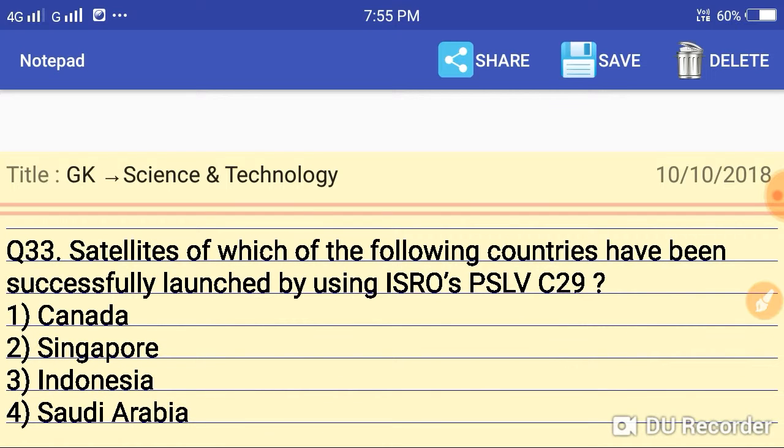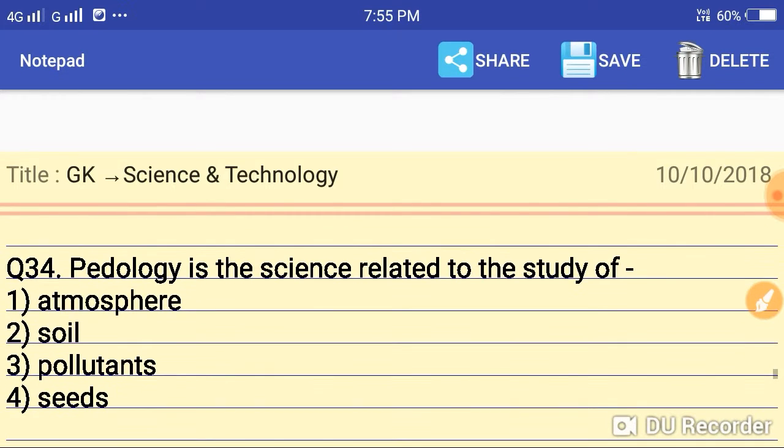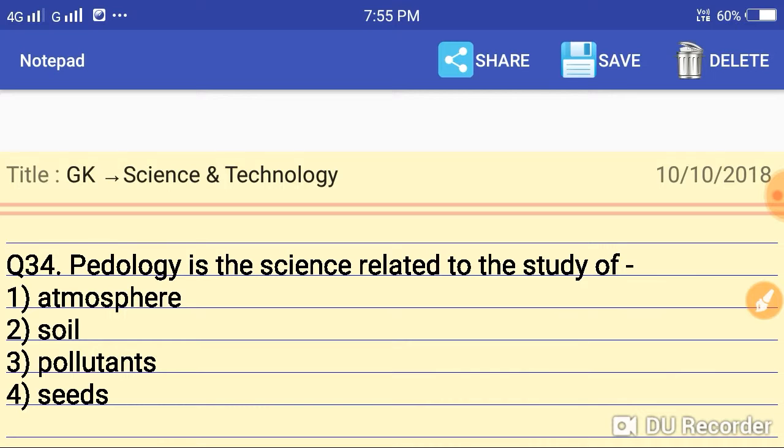Satellites of which of the following countries have been successfully launched by using ISRO's PSLV C-29? This is an important question also. Question number 33. Right answer is option number 2, Singapore. Next question.